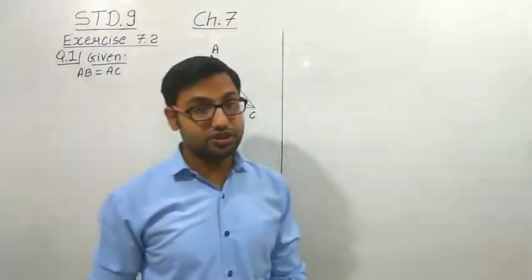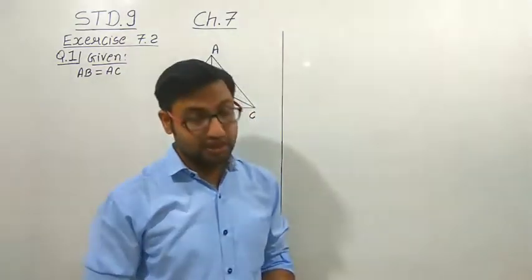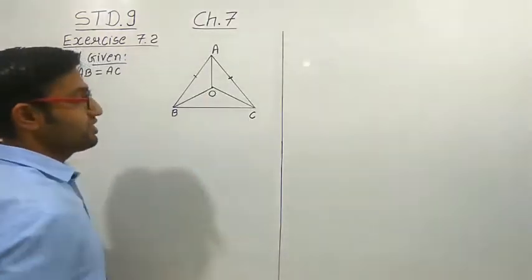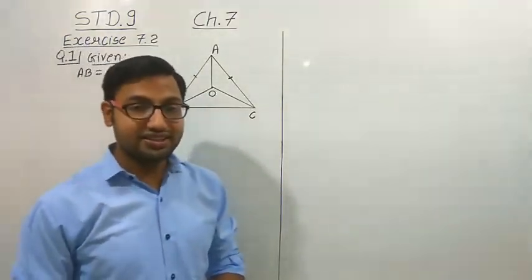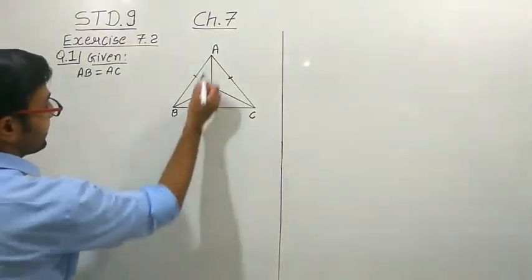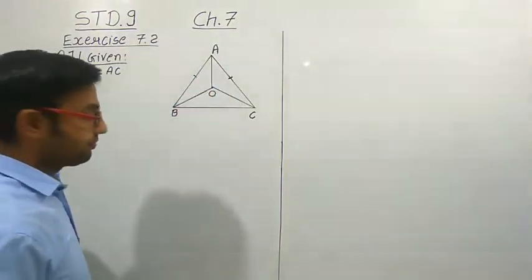So now there is a question: without considering the two triangles congruent, how can we prove that OB and OC are equal? Let us see, there is another way. Here it is given that BO is the angle bisector of angle ABC, right?